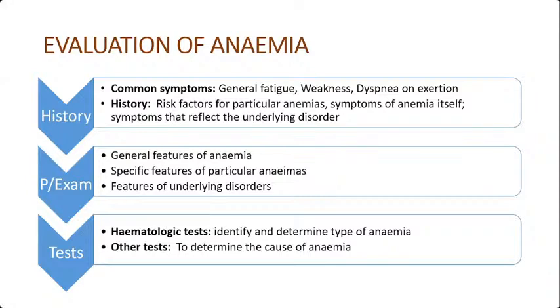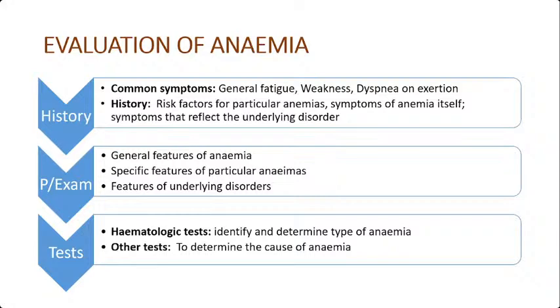If you think this patient may be having a stomach tumor, you'll examine the abdomen very carefully to see if you can feel any masses in the abdomen, which may indicate that there might be a tumor. So a good history and physical examination is key to guide you in your tests.